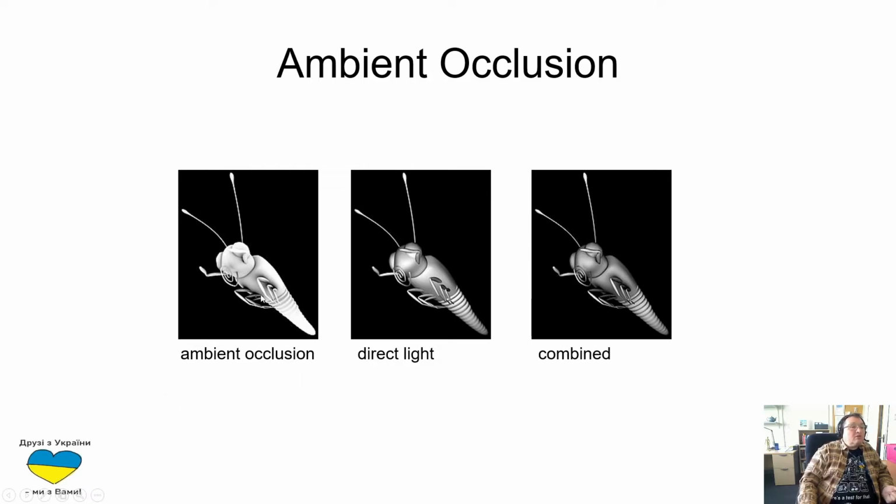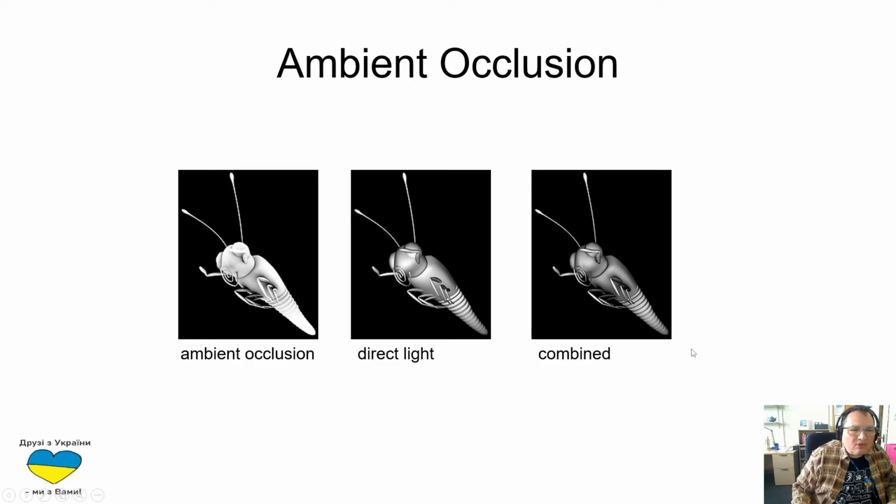This texture looks like this. And now, with a typical, entirely local rendering with just direct light, you can have a rendering like this, but if you combine it with ambient occlusion, you get quite better quality.